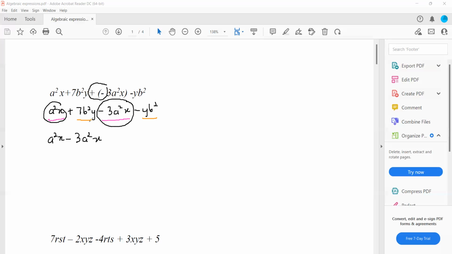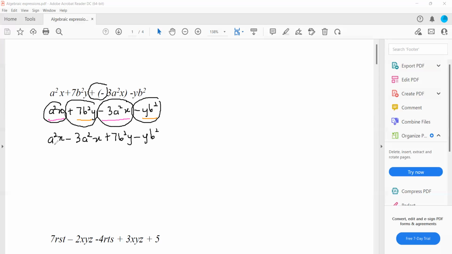Next we take the 7b square y, and I take the positive sign as well, together with the other term in this expression. So I've successfully grouped them together, and now will be the solving part.